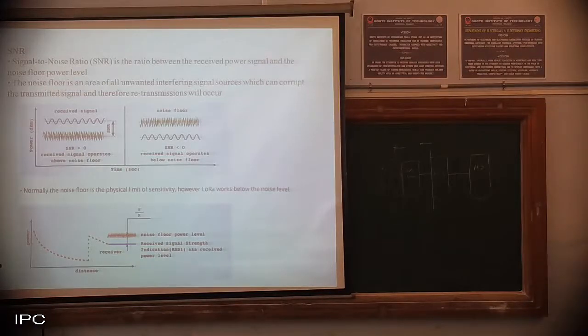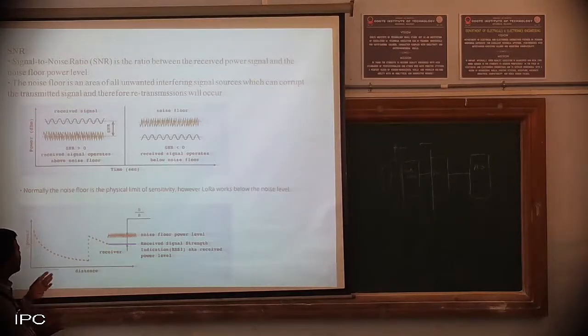And the ratio of the received signal power to this noise floor power level, that we call the SNR. Always the SNR should be greater than 0 for a good signal. Always we accept an SNR greater than 0.